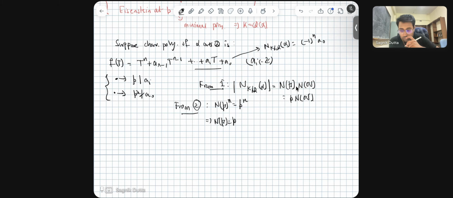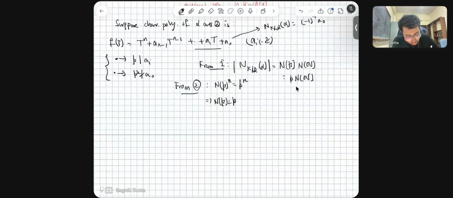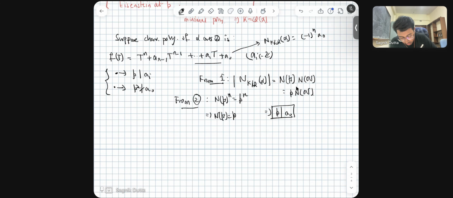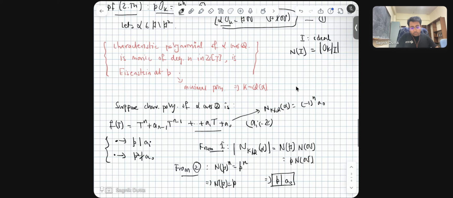Now you compare both of them. This will give you that clearly p divides a_0, because plus or minus a_0 is p times something. So one of the coefficients, the constant term, is divisible by p.